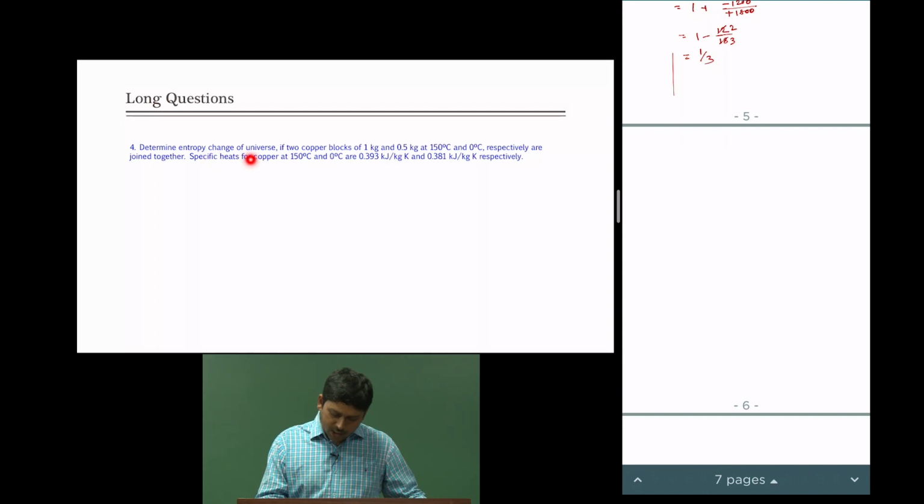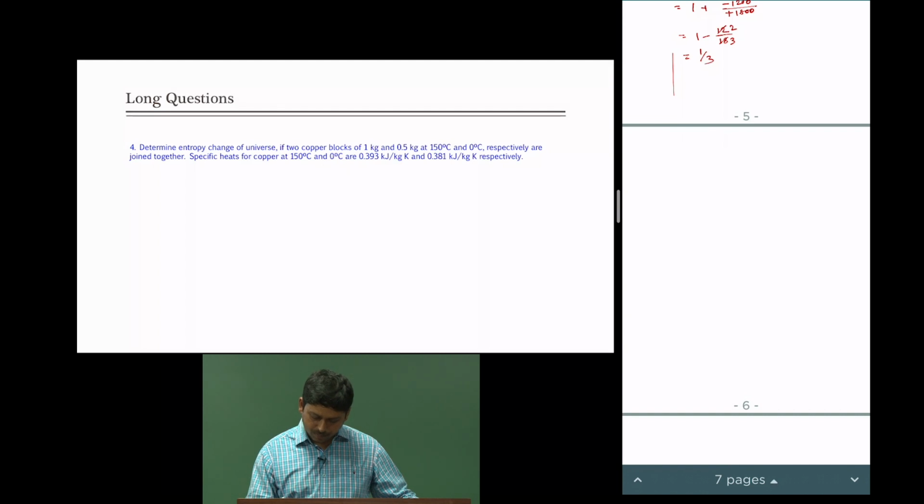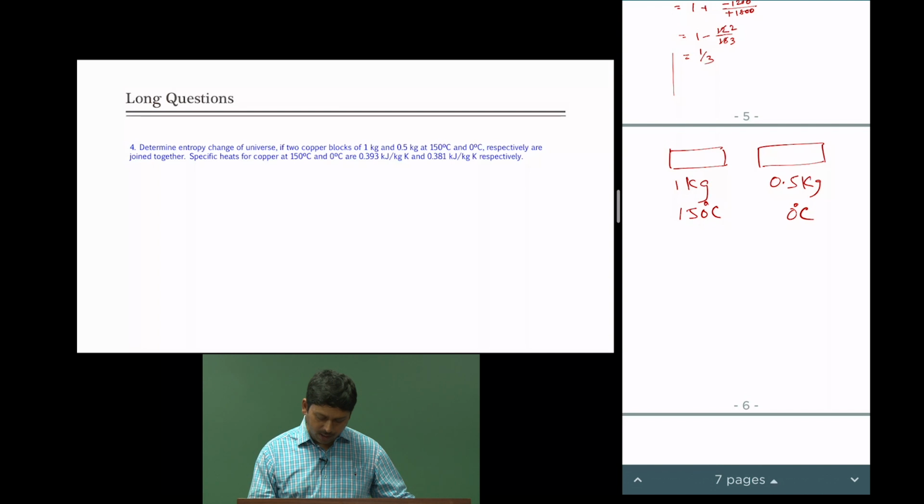Determine the entropy change of the universe if 2 copper blocks of 1 kg and 0.5 kg, kept at 150 degree centigrade and 0 degree centigrade respectively, are joined together.